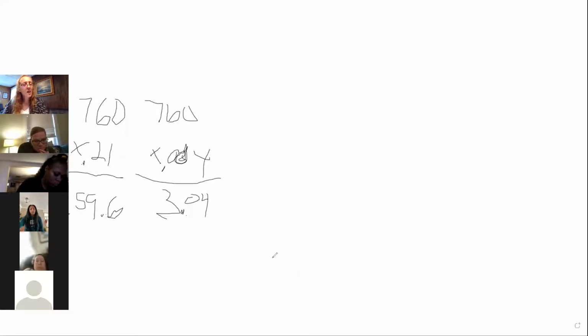If I add those together, those are the gas pressures of both. That's the sum of the gas pressures of oxygen and carbon dioxide within the atmosphere.